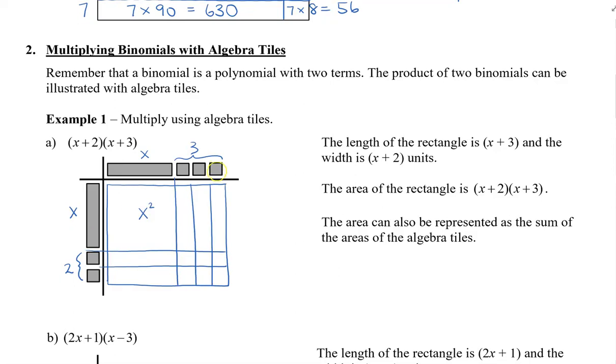And then we have x times 3. So we have 3 x's over here. So x, x, and x. And then we have 2 times our x, and these are x tiles as well, but they're just lying horizontally. So this is also x and x. And then finally, we have 2 times 3, which gives us these single units down here on the bottom.